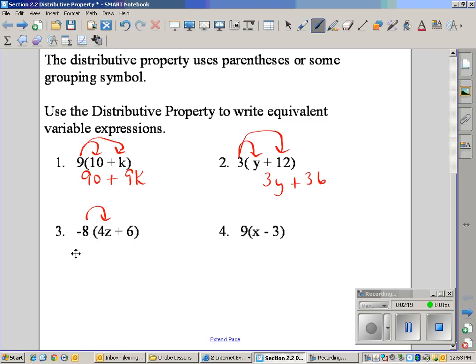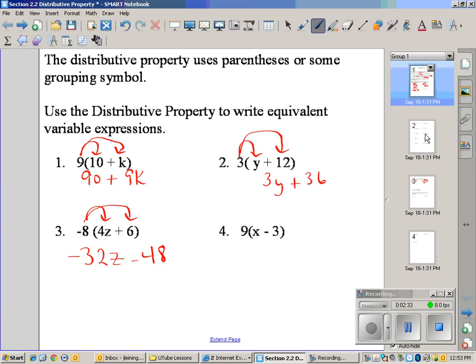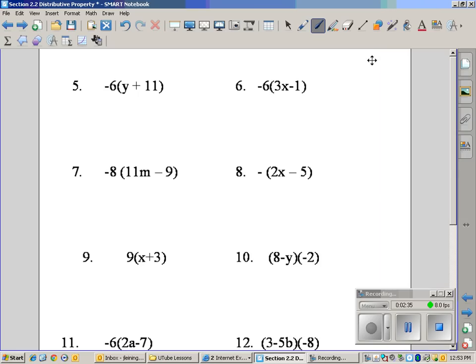Well, a negative times a positive is a negative, so negative 32z. And a negative 8 times a positive 6 is a negative 48. I hope you're getting the idea. I'd like you to do number 4 on your own, and actually a couple more of them, 4, 5, and 6 on your own, and I'm going to skip down to number 7.